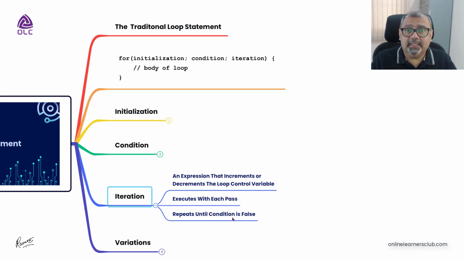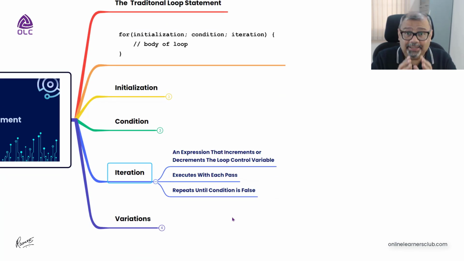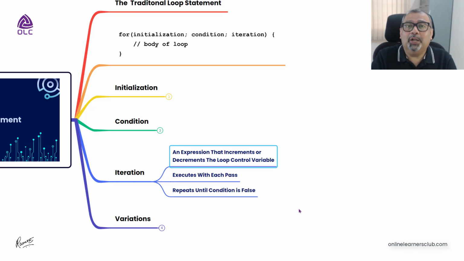Next comes another important part, which is iteration. Every time you run the code in the loop, it is known as an iteration. One iteration would be completed, and this is the place where we have an expression which will either increment or decrement the loop control variable.